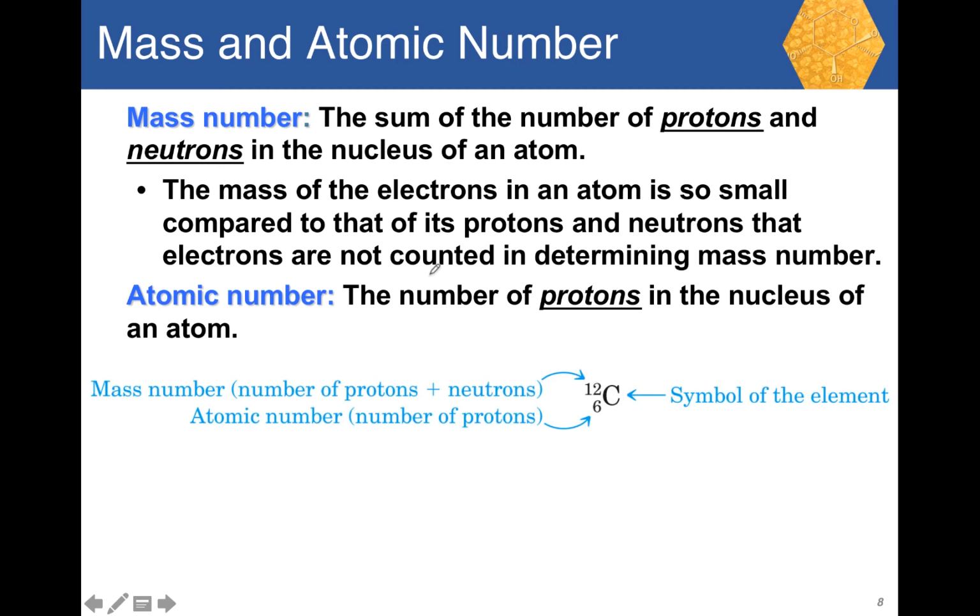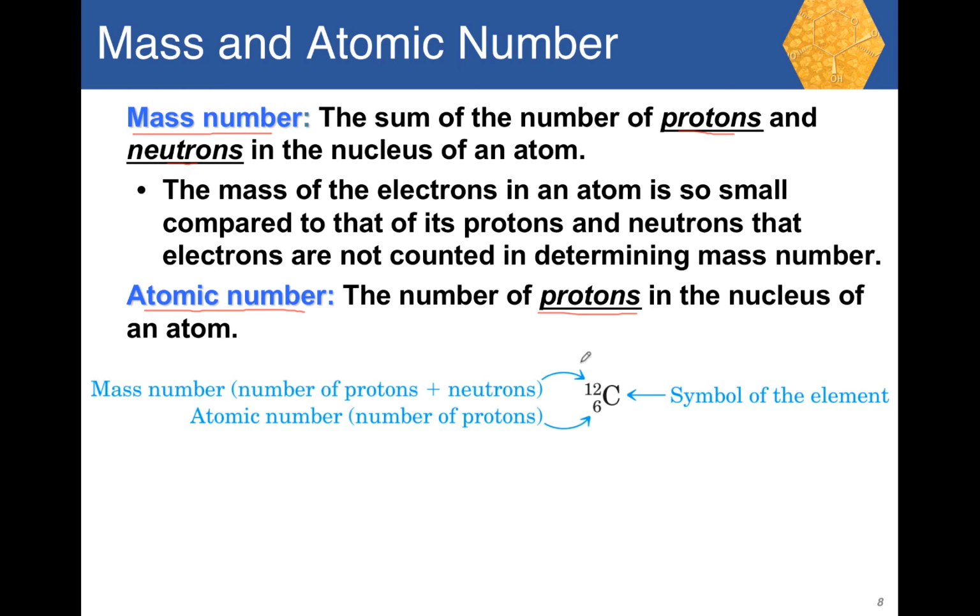Continuing with our review, the mass number is the number of protons and neutrons. As chemists, we tend to communicate using different terminologies. One is the mass number and also the atomic number of an atom. The atomic number is the number of protons. The mass number is the number of protons and neutrons.